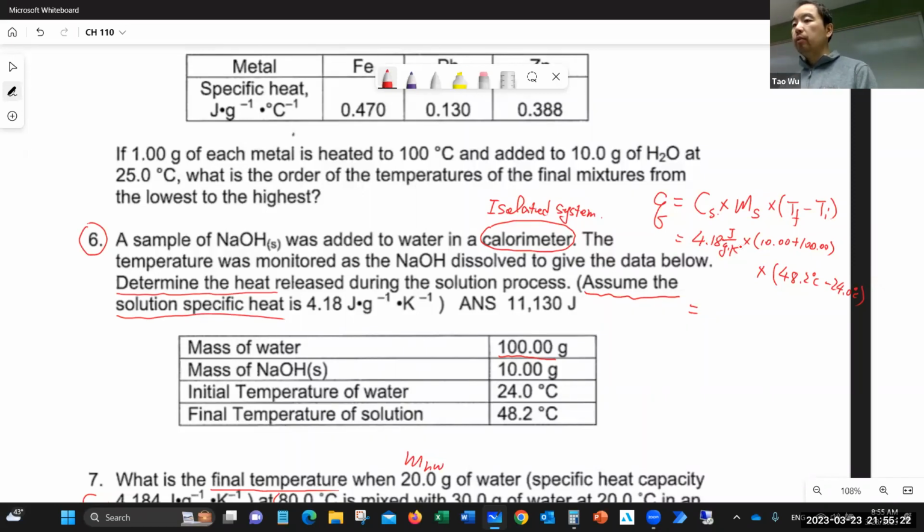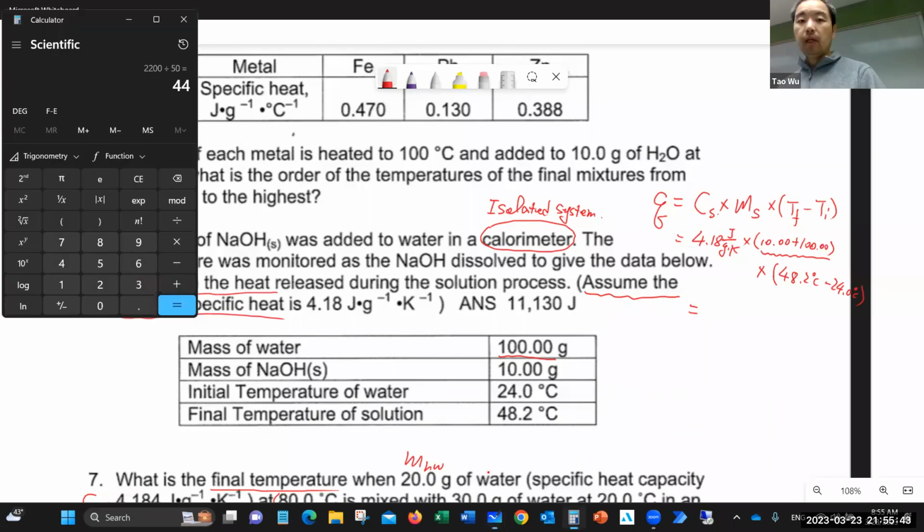We release the heat in the solution. They're doing the same thing. The only difference is you need to think about this is the whole solution got warm up, not just water. Okay, so now you can again plug this into your calculator.